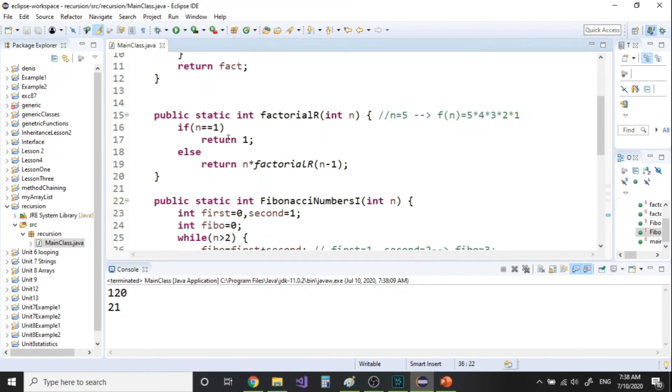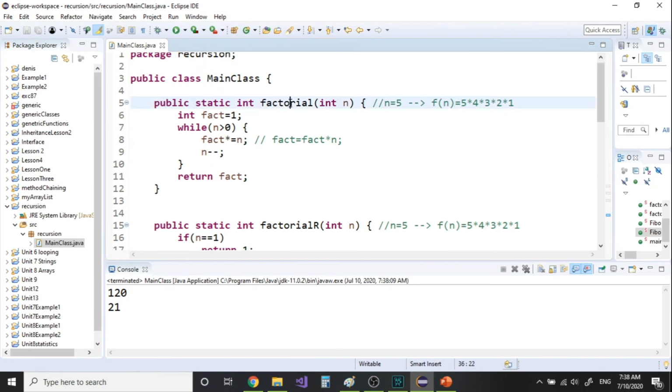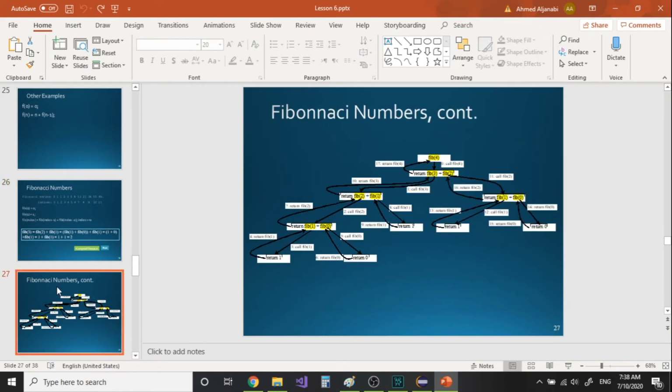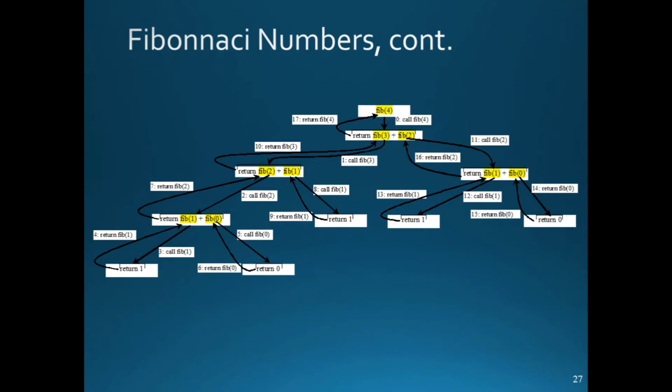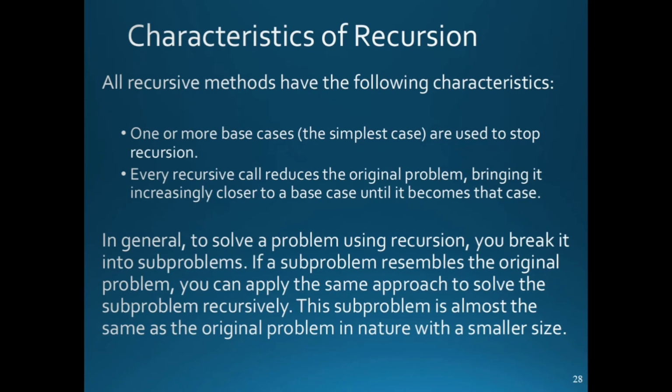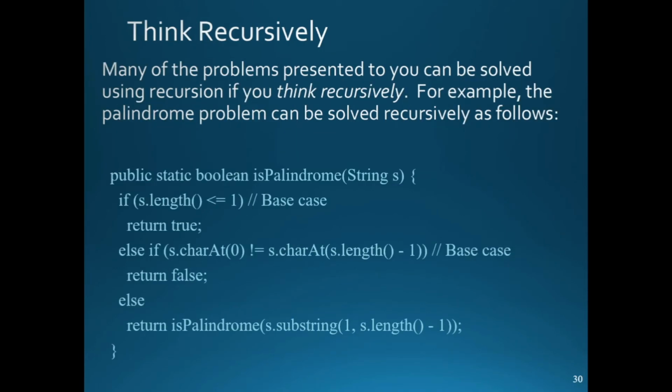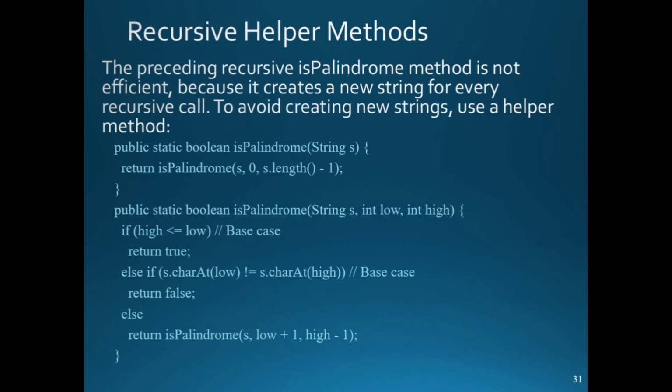Now, as you can see here, I do have two examples, factorial and Fibonacci. Let's see if we have another example here. This is just a talk about recursive, think recursively, recursive helper function.